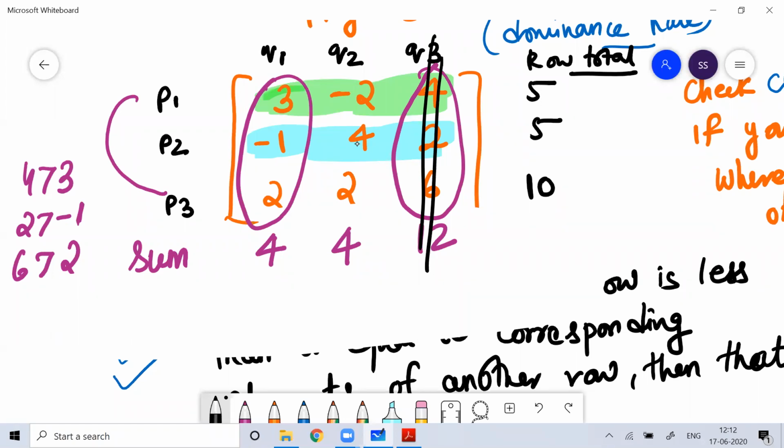Then you check column wise, and if you find any column where all the elements of that column are greater than or equal to those of another column, you have to delete that column.